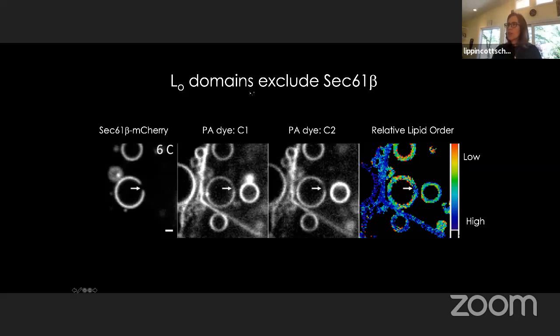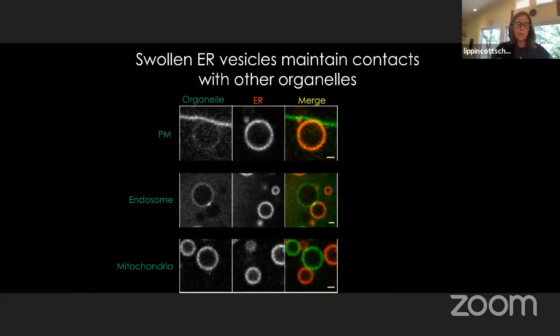And what you can see here is that in the areas where Sec61 is depleted, which we think is an ordered region, that's where the GPI anchored protein would go, we see that there is higher relative ordering associated with that point.